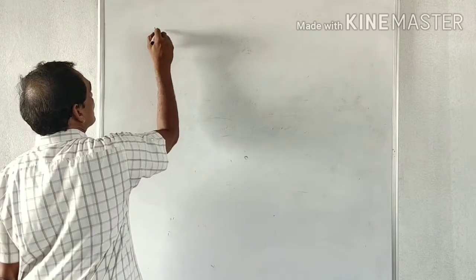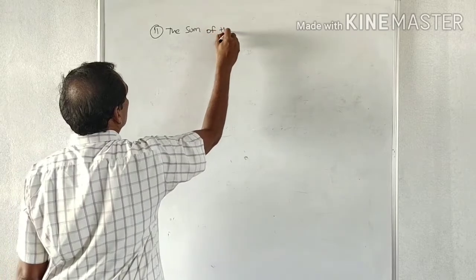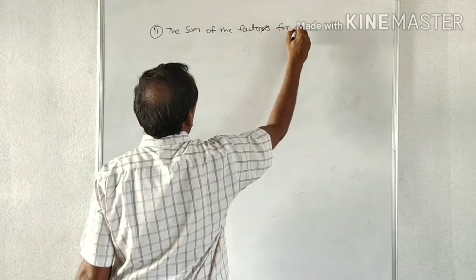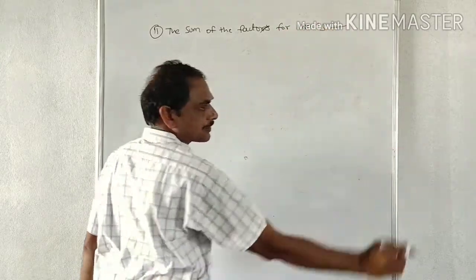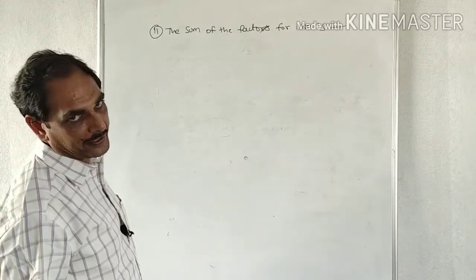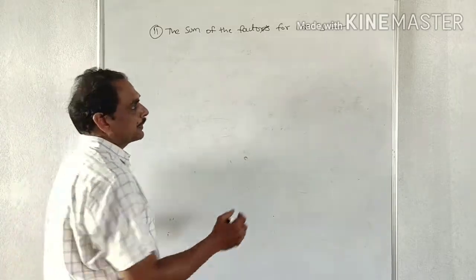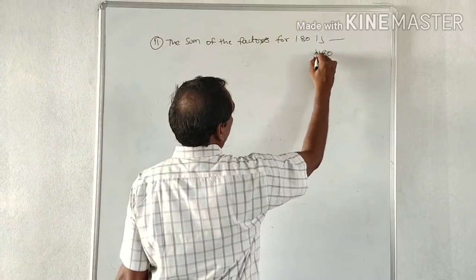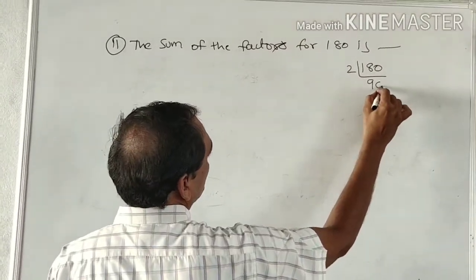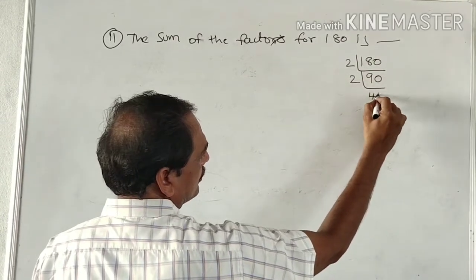11th. The sum of the factors for 180 is dash. So we are going to find the sum of the factors for 180. We write 180 as the product of prime numbers by dividing 180 by prime numbers. 2 9s are 18, 2 90s are 180, 2 4s are 8, 2 5s are 10.